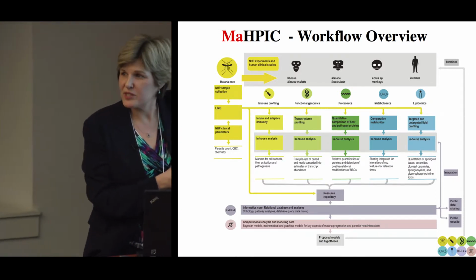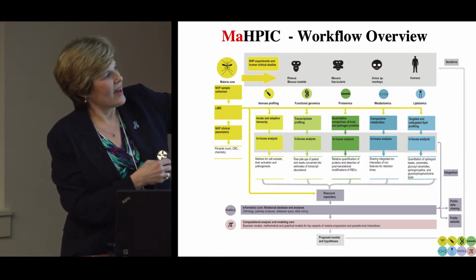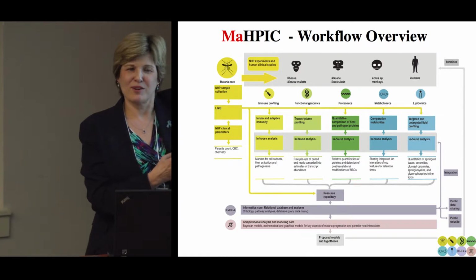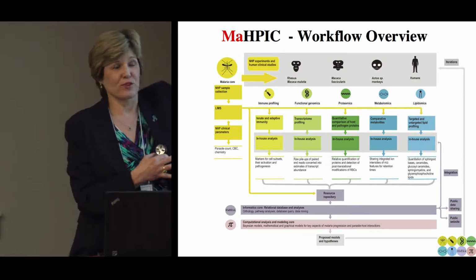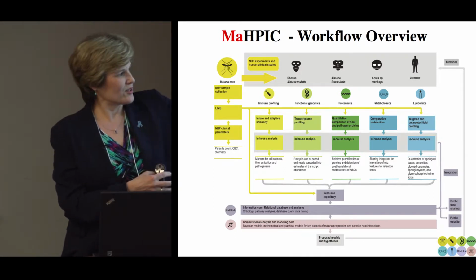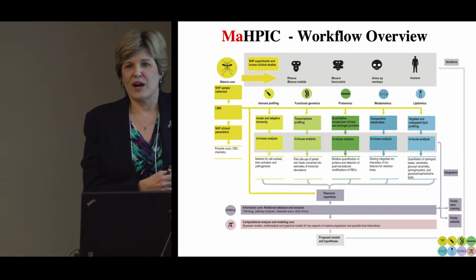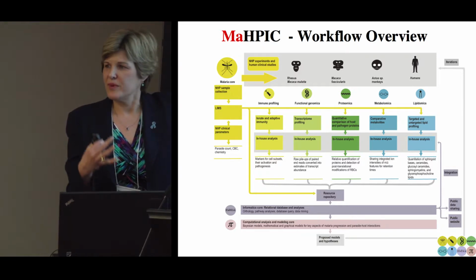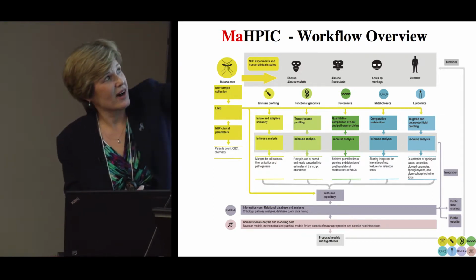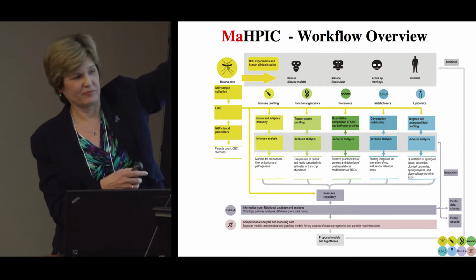We have a lot of in-house analysis in the different cores, and then data comes out to UGA for the informatics core, where it's processed further and made usable, both for the cores to do further analysis together, and for the mathematical modelers in the final element here to start to build models and test different experimental scenarios in silico, and then help guide our future experimentation.